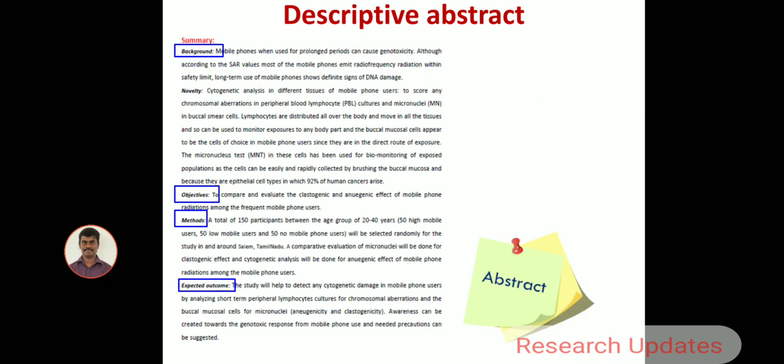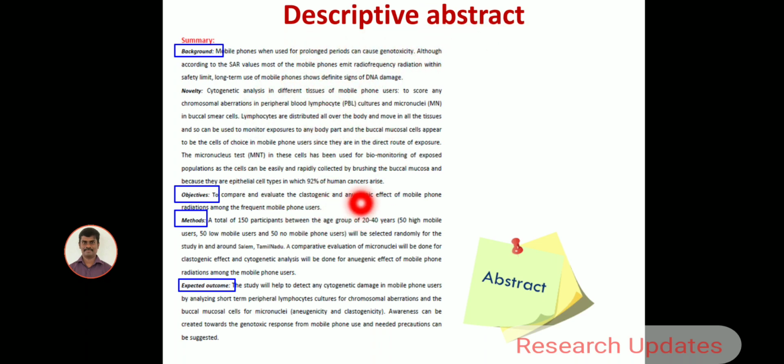So this is an example of a descriptive abstract. Here I have given you an abstract of one of my projects, which includes the four important headings: background, objectives, methods, and the outcome. So all these four have to be included in a descriptive abstract.